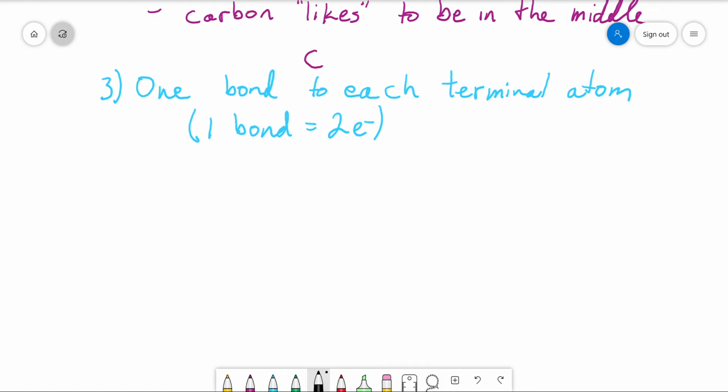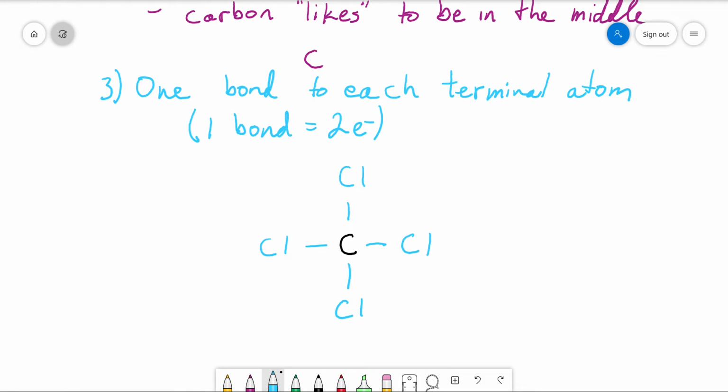We already put the carbon in the middle, so I'm going to make that black. And we want to put 1 bond to each chlorine. We tend to just put them at right angles to each other, although this, as we'll learn in the next chapter, is not what this molecule looks like. Okay, we call this the skeleton structure because we don't have all of the electrons placed.